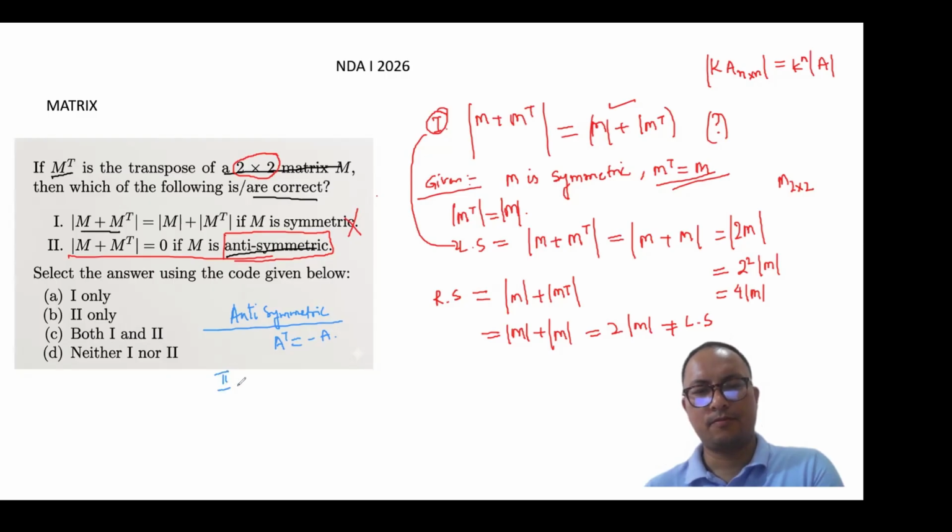M is antisymmetric, so M transpose is the minus of M.